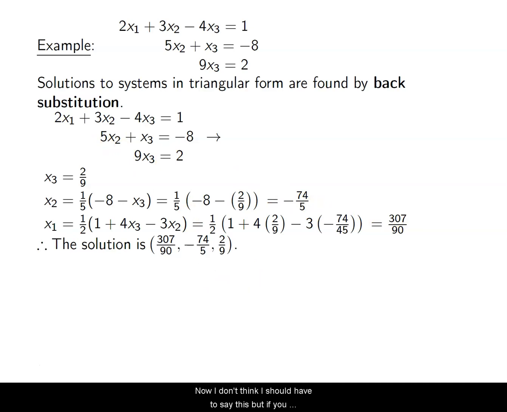Now, I don't think I should have to say this, but if you want to check whether or not this is actually the right solution, you take these values and plug them back in. If I plug this in here, I should get out 1. If I plug this in for these two, I should get out -8. And if I plug in 2/9 to x3 and multiply by 9, I should get out 2.